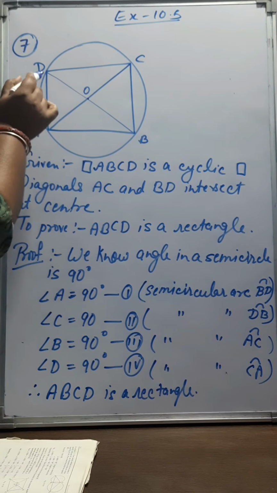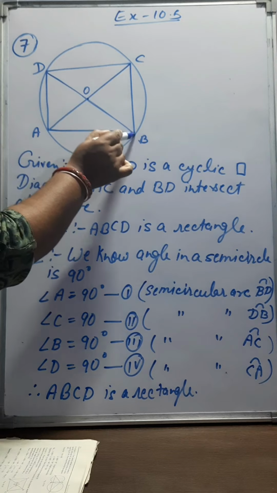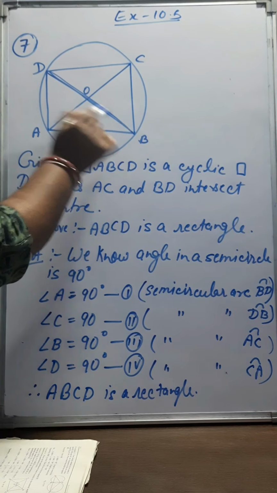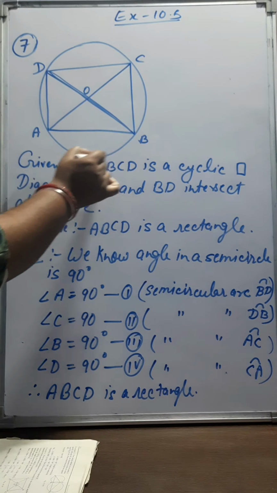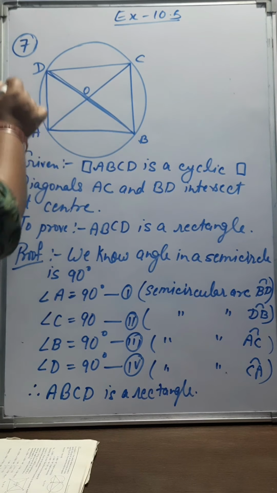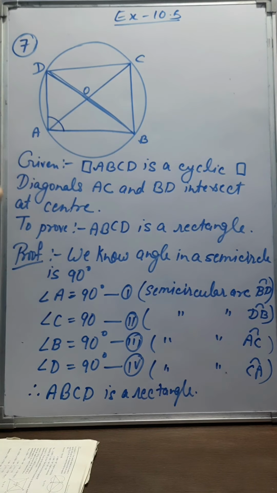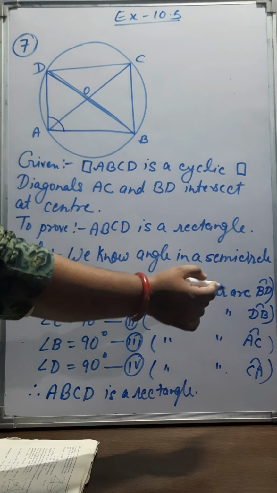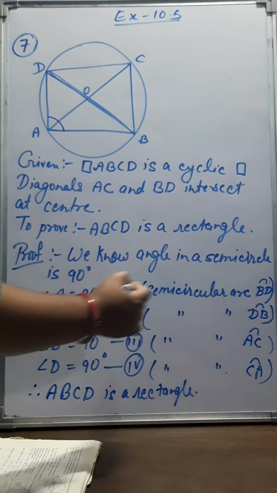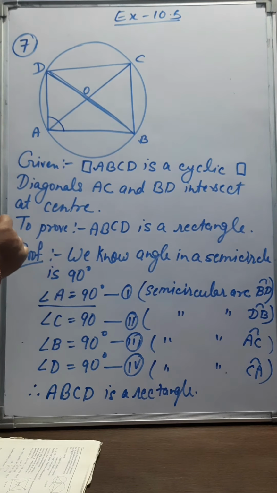So if we consider the diameter BD, this is a semicircular arc. You can see the arc BD. Because of the semicircular arc, angle A becomes 90 degrees. So here I wrote, because of semicircular arc BD, angle A is 90 degrees.